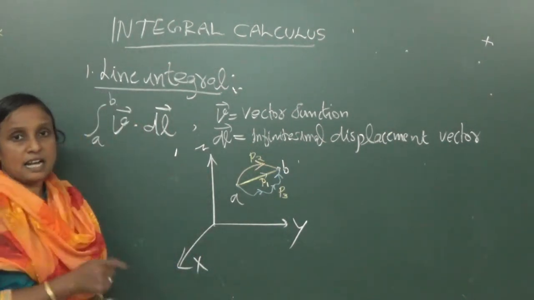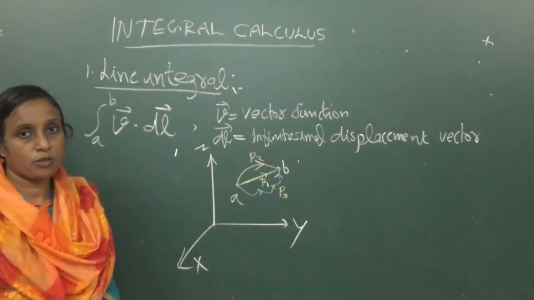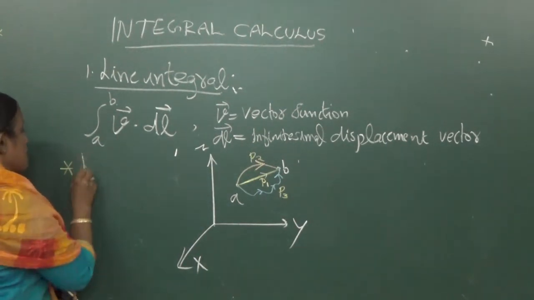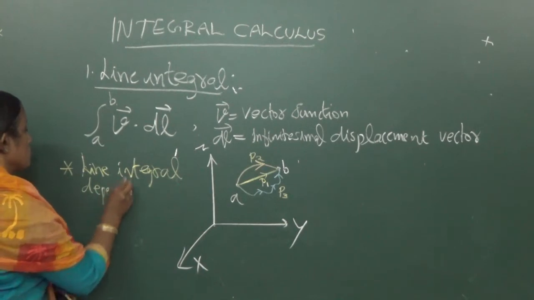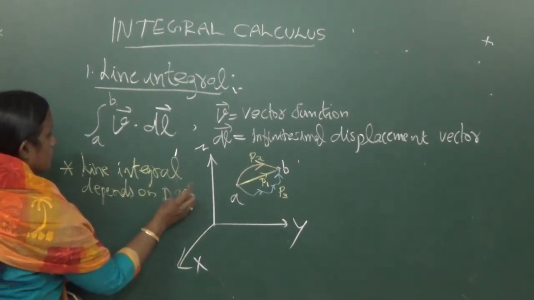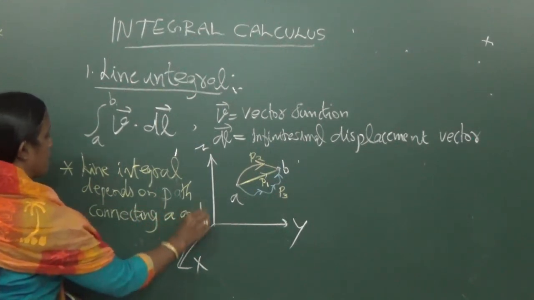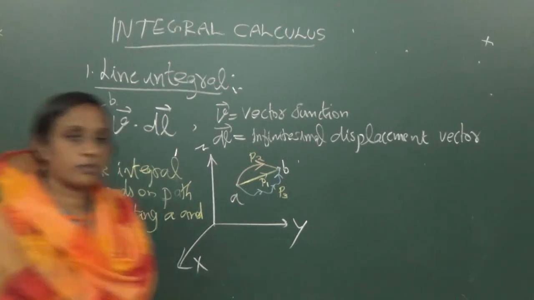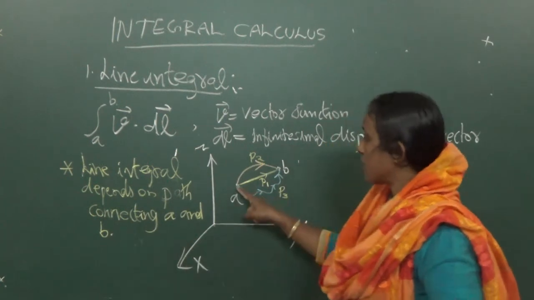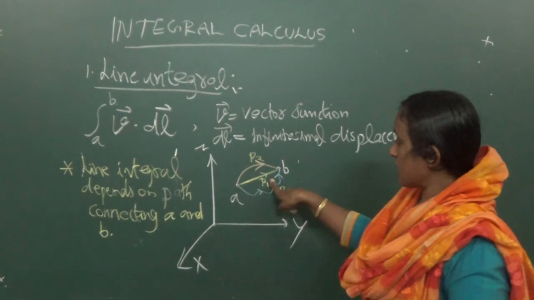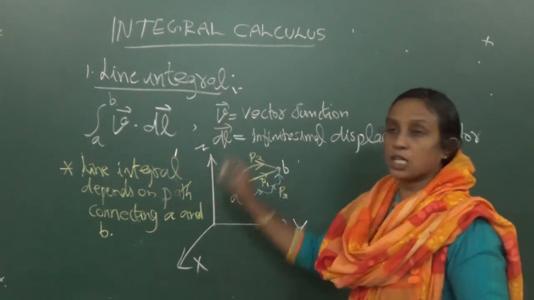That means the line integral defined here depends on the path connecting the two points A and B. If you take the integration along P1, this integral is different from P2, and these two are different from P3, etc. This is the peculiarity of a line integral.